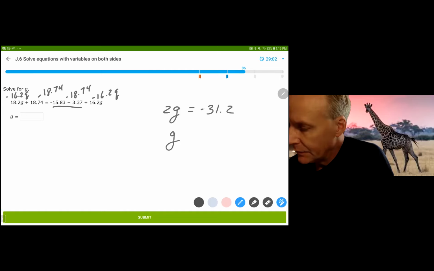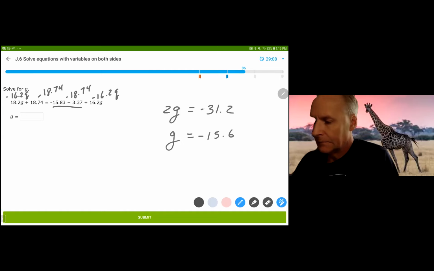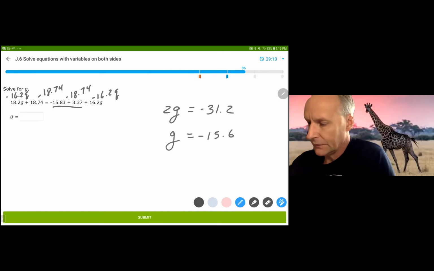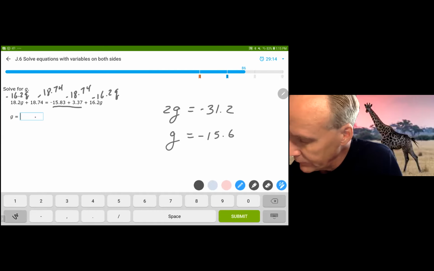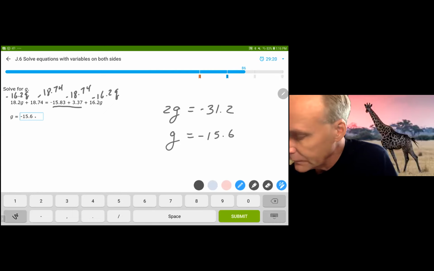And if I divide by 2 on both sides, I get negative 15.6. I don't need a calculator for that. Hopefully I didn't misinterpret it there. 15.6.